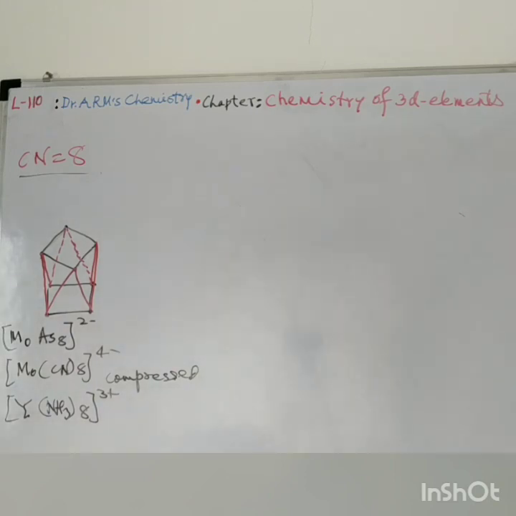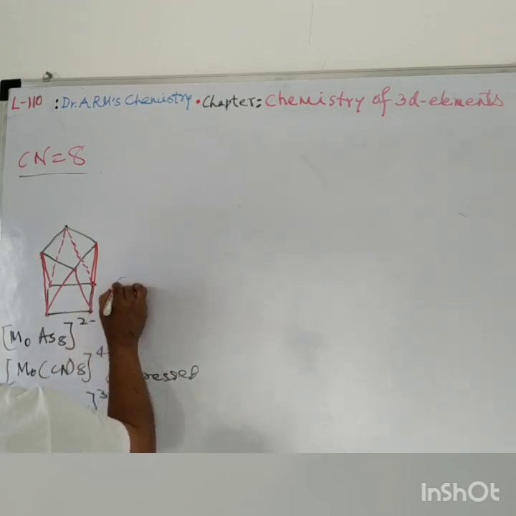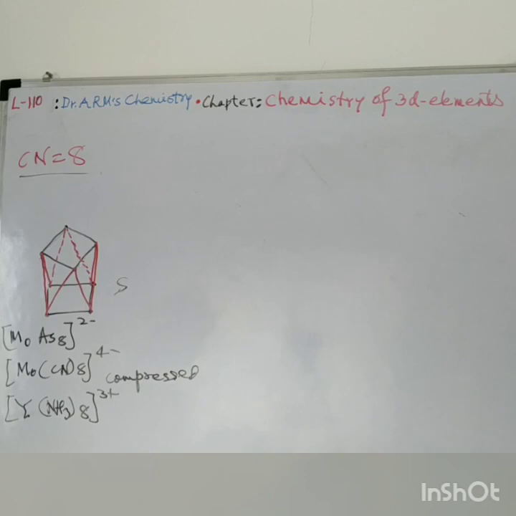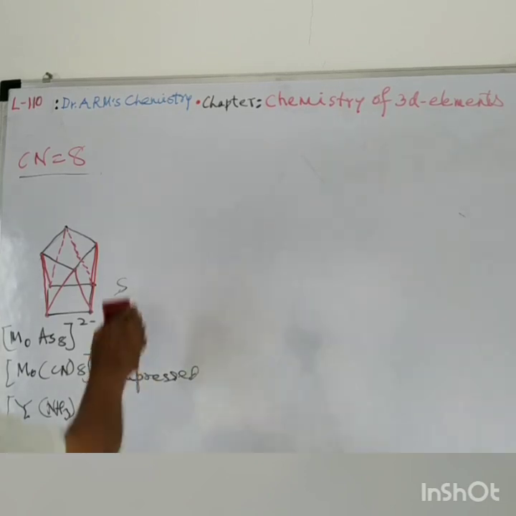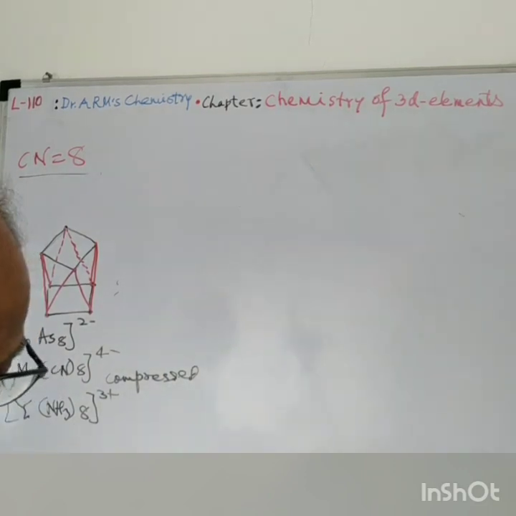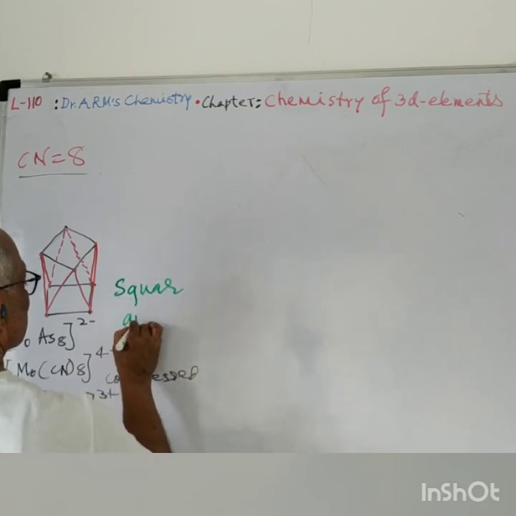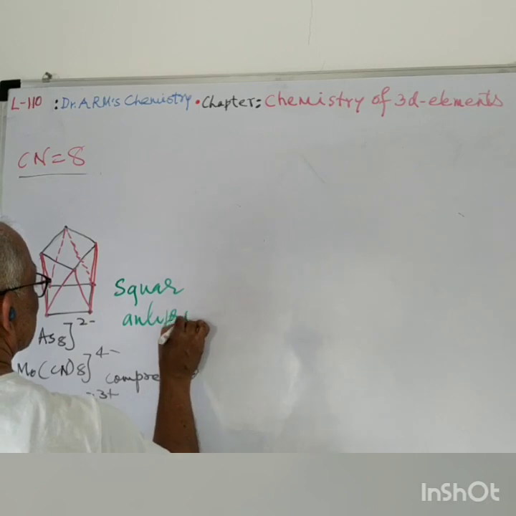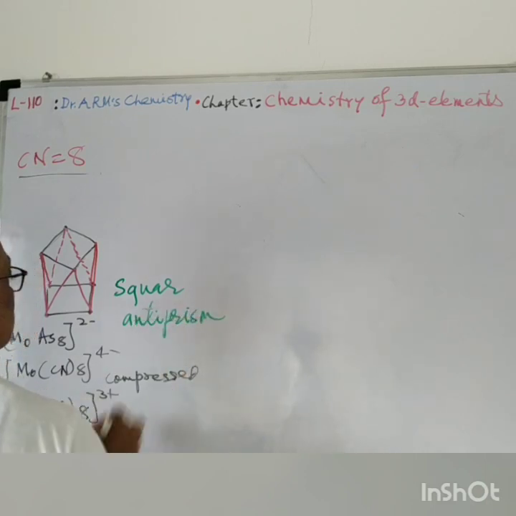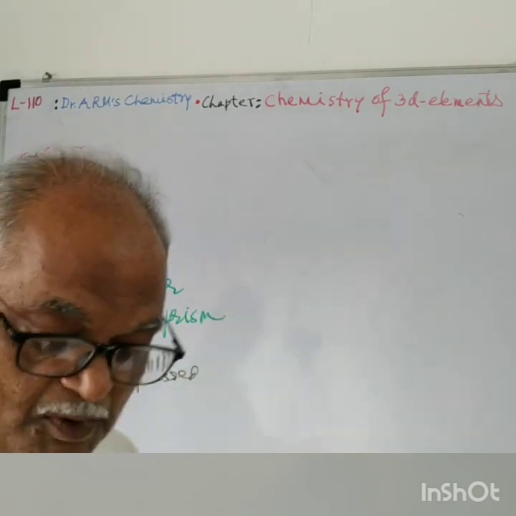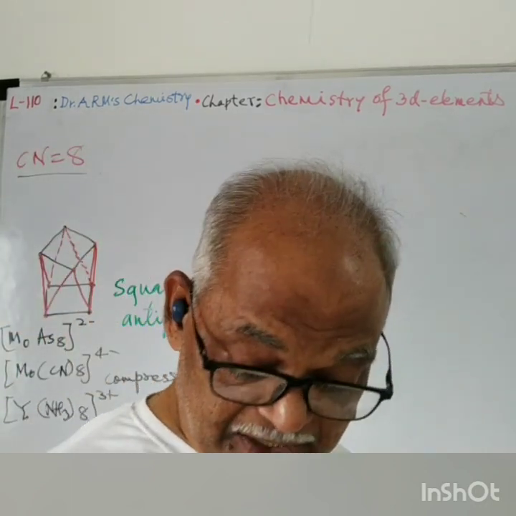So these are a few examples of this square antiprism, which we have already seen, but from a different angle.